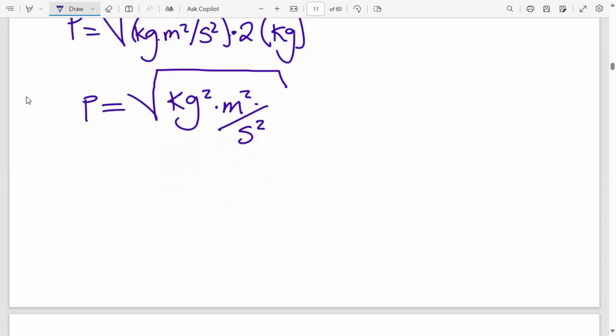And where can I go with this from here? I'm sure we can tell that if everything is squared here, I can just write everything in brackets, then I put a square outside. So I'll say momentum is equal to kg, like that, multiplied by meter over second. I plug this into the brackets.